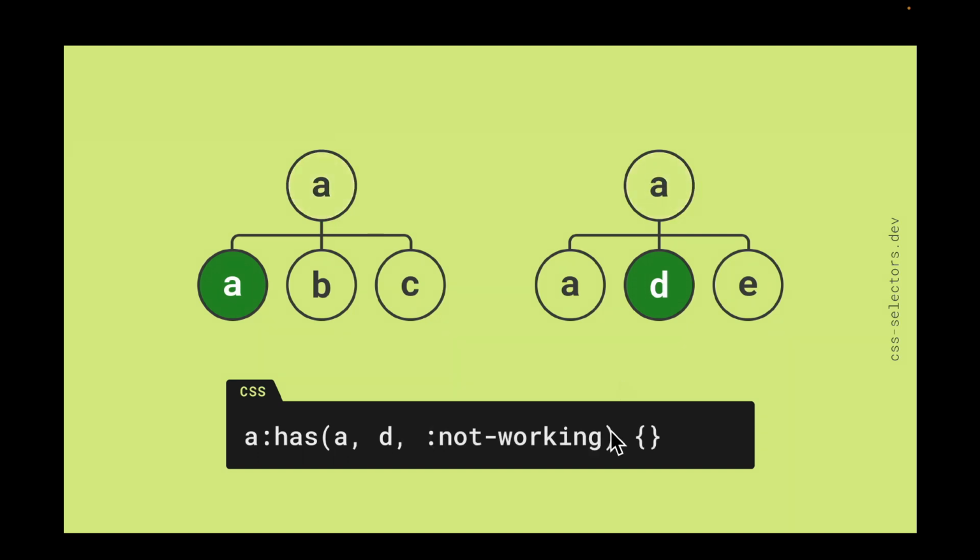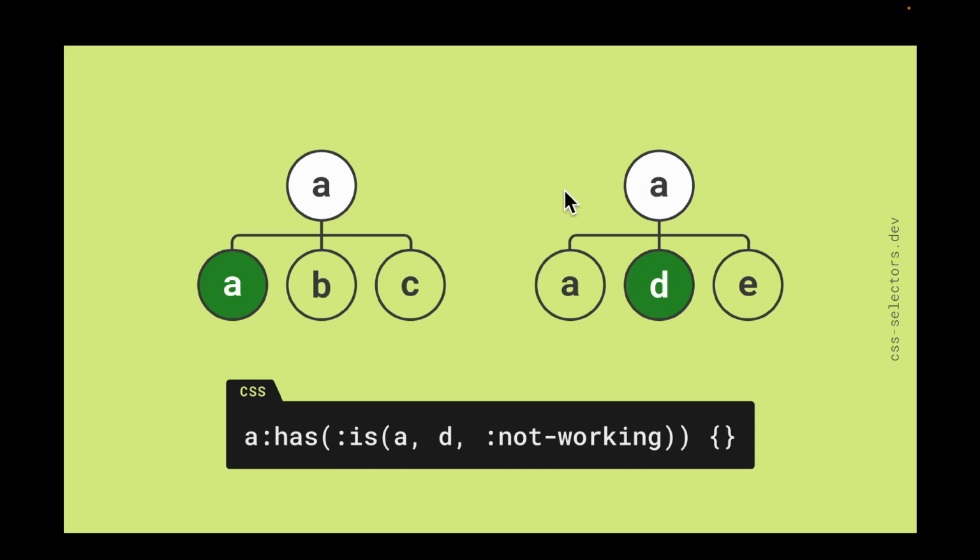However, if any unsupported selector is added to the has pseudo-class, the entire block will fail, so the parent A element will no longer be selected. To improve this, we can use either the is or where pseudo-class. This is an example of using the is pseudo-class inside the argument of the has pseudo-class, and it will select the A element again.